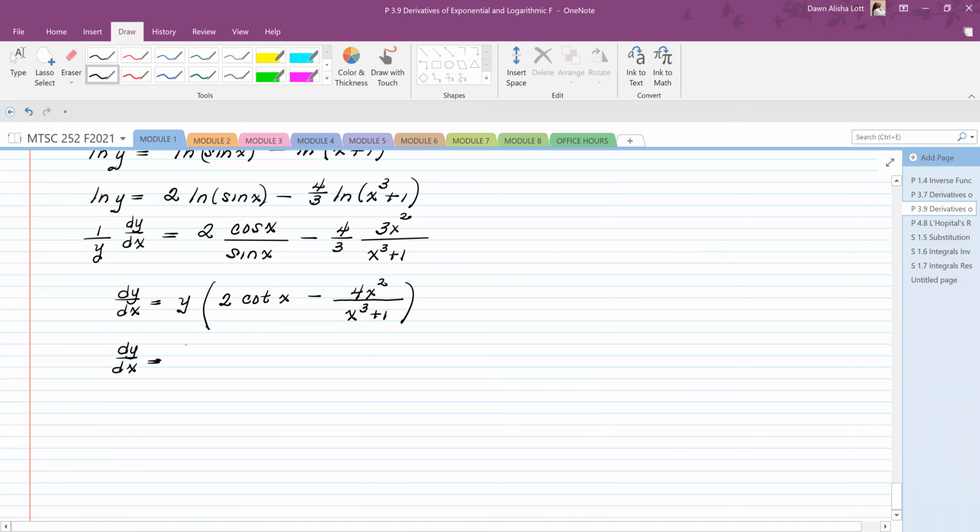Hey, Professor. So with the 4/3 times 3x squared over x cubed plus 1, you basically simplified it more. So I'm guessing, did the 3's cancel out? Those 3's divided out just like that.